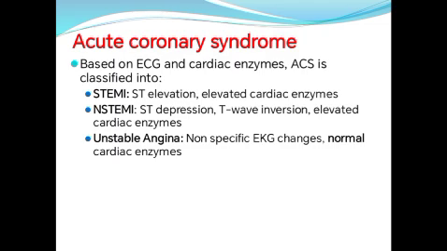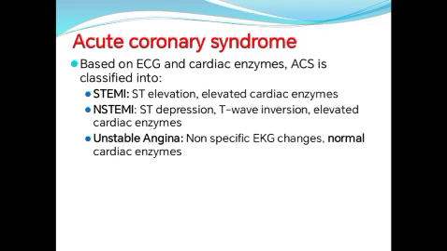In ischemic heart disease, especially acute coronary syndrome, every patient presenting with acute chest pain needs an ECG as the first thing. You should do it within the first 10 minutes of arrival of the patient, and it should be interpreted by an experienced medical doctor or staff.